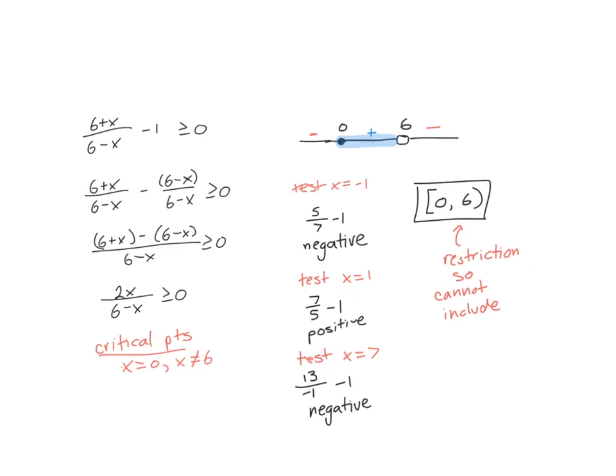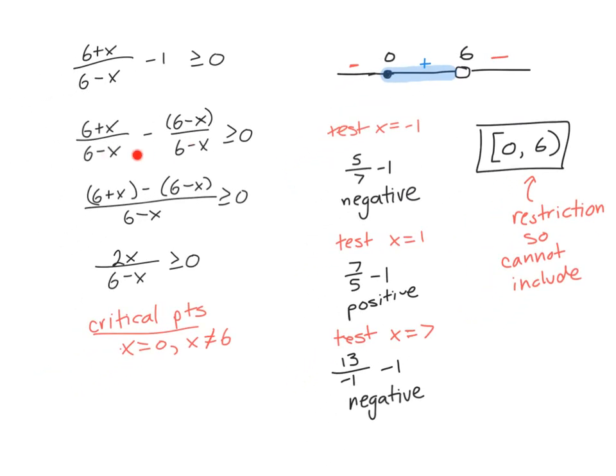Same general steps: set it equal to 0, combine any rational expressions and simplify. So this is really what we're looking at. We can see that our critical points here are 0 and 6. Notice I have a closed circle here, but an open circle here because 6 is a restriction.